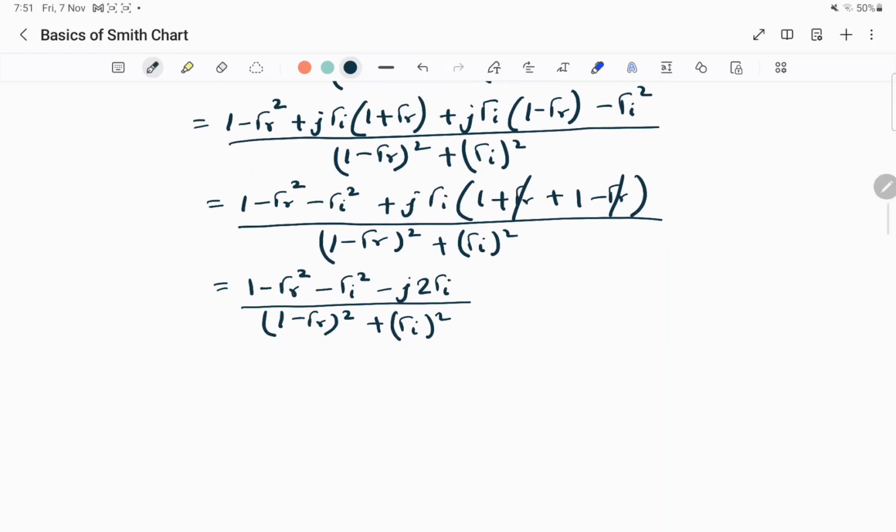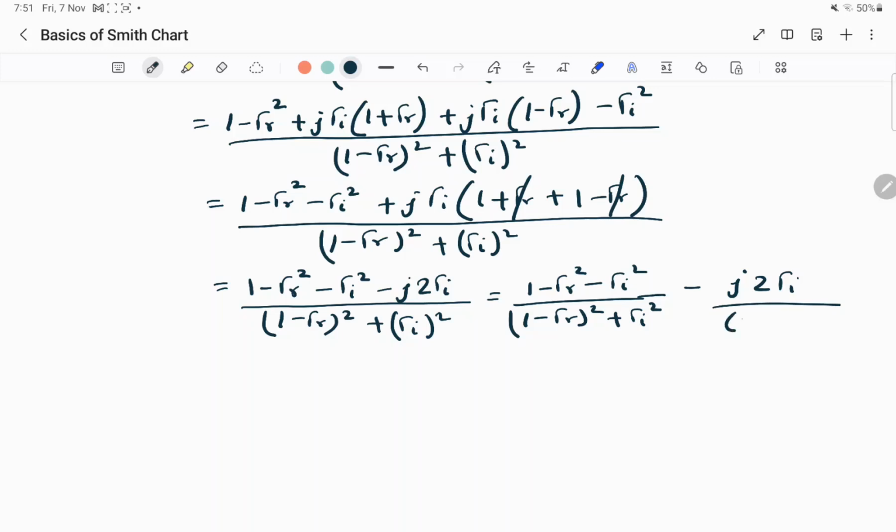Okay, so if you now separate the real and imaginary parts, we will get (1 − Γr squared − ΓI squared) divided by the denominator (1 − Γr) whole squared plus ΓI squared, minus j times 2ΓI divided by that same denominator.